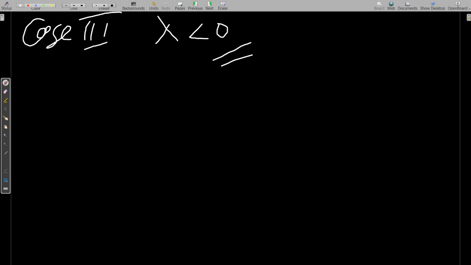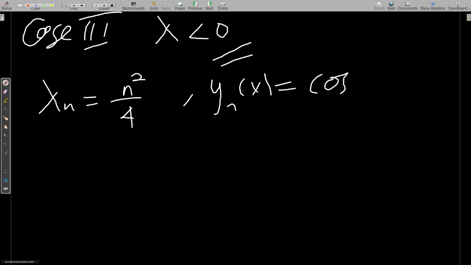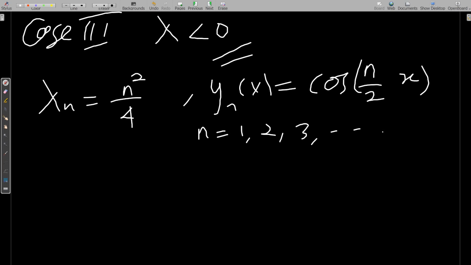So in all, the solution to this is that after everything, the eigenvalues are lambda n being equal to n squared over 4, with the corresponding eigenfunction y n of x being equal to cos of n over 2 x, with n being equal to 1, 2, 3, and the rest.